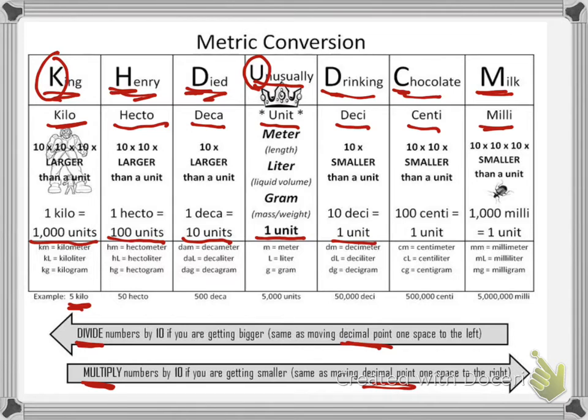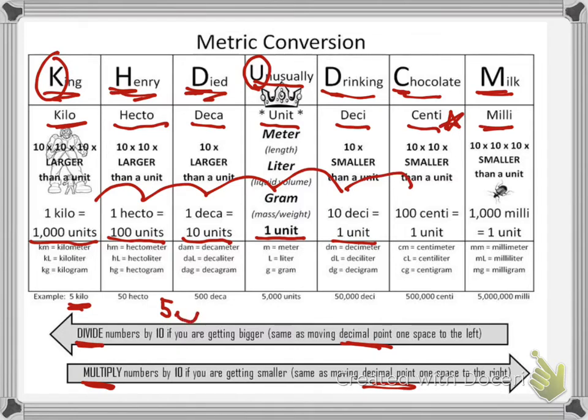For example, 5 kilograms is equal to how many centigrams? So watch, I'm going to put my 5 here, and because it's a whole number, I've taught you this before, there's an imaginary decimal point that's always to the right of the number. How many spaces do I need to move this decimal point in order to get to centi? I'm going to move 1, 2, 3, 4, 5.